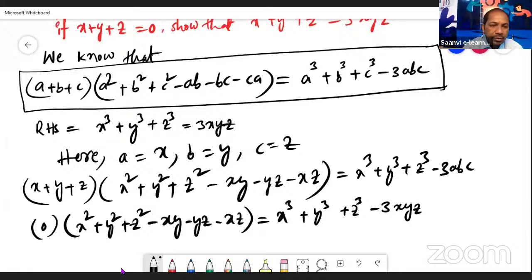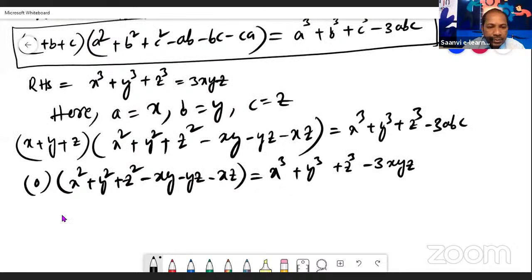Now this 0 into this total is equal to 0 only. So 0 is equal to x cube plus y cube plus z cube minus 3xyz.